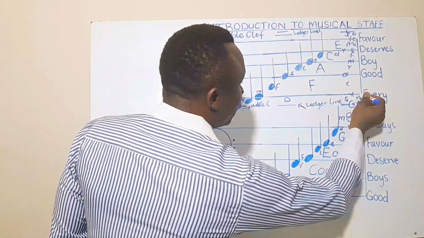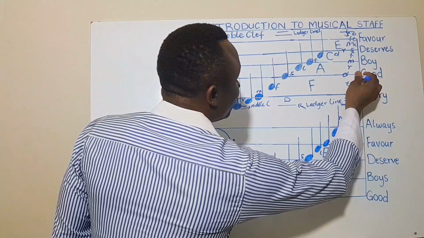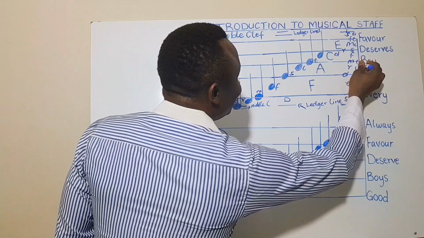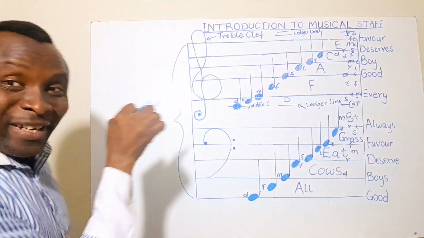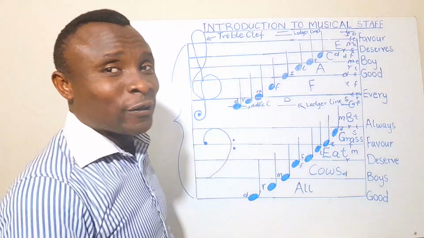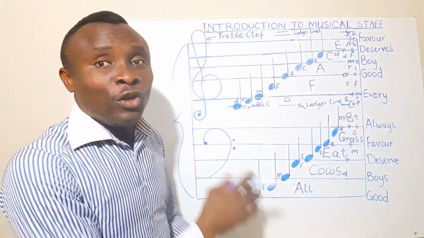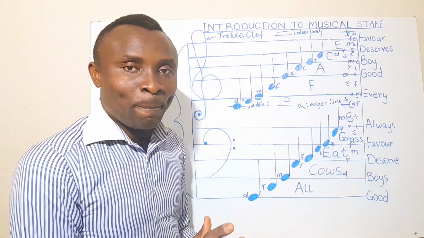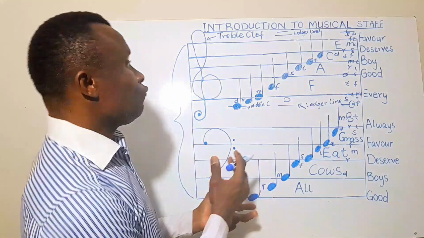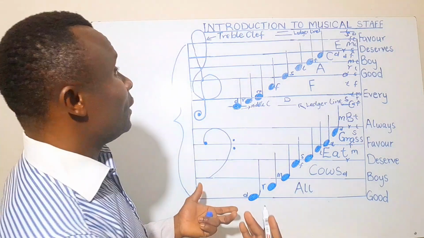Do, re, mi, fa, sol, la, ti, do. The space is space C. So you see that it works no matter what key you start from, from the Bass Clef to the Treble Clef, you still arrive at the same answer or result. So that has been a summary of what we've done so far.